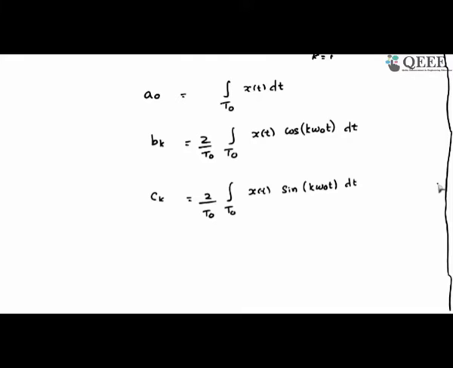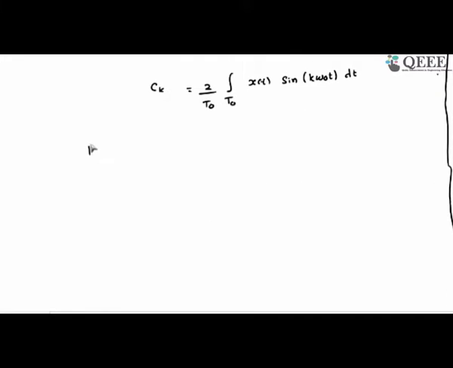So the derivation or the proof is obtained from the complex exponential Fourier series representation.